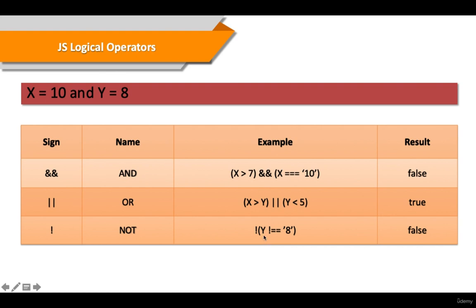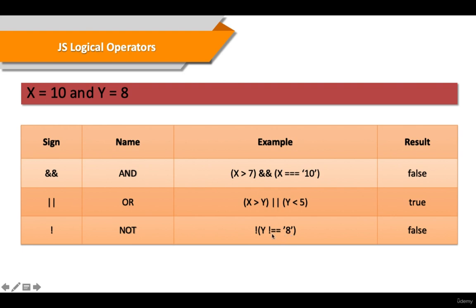So in this case, we see a little bit of a complicated statement, perhaps. We have a statement inside the brackets, and then outside of it, we use a not operator. So y is not equal to string 8, but as you can see here, we used an exclamation mark and a double equals, which means this is going to evaluate not only the value, but also the data types. I'll repeat that.